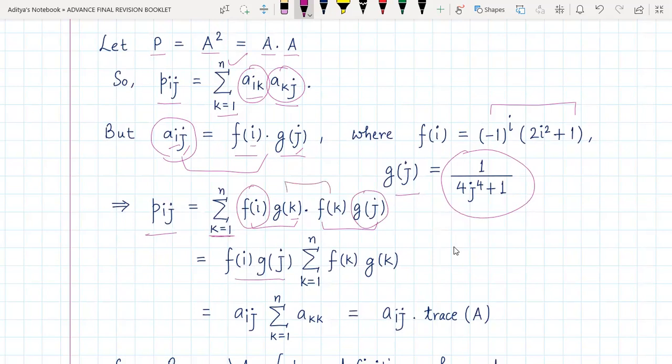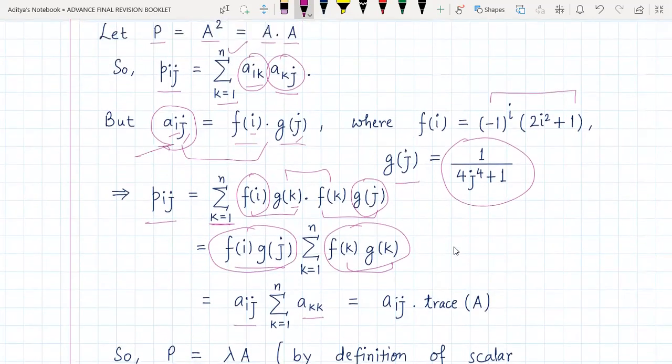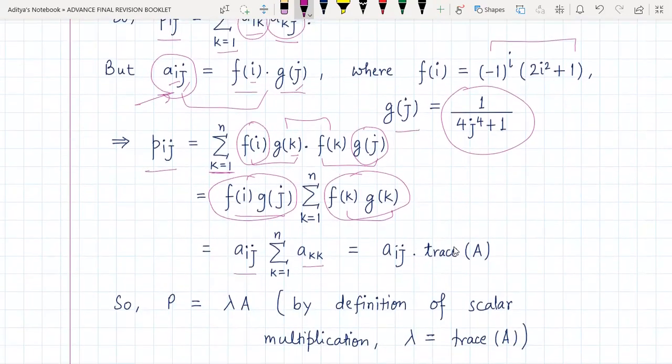Inside we will be left with f_k into g_k. Easily you can see, if you put both i and j as k in this formula, you will get f_k into g_k, which I have replaced by A_kk, k equals 1 to n.